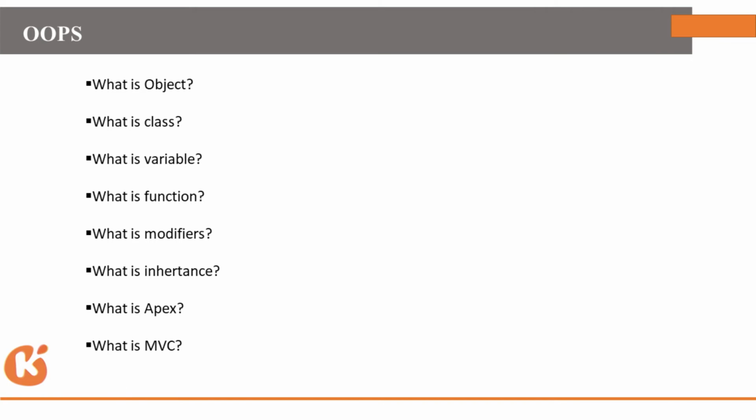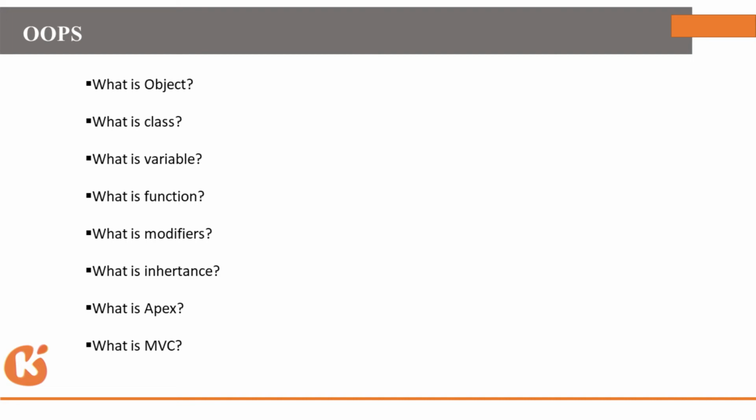So the animal is a class, and within the animal class we have a dog and a cat. These are the objects. Now the variable. Let's say the color of a cat is green, the color of a cat is black, the color of a cat is white. These are the variables.